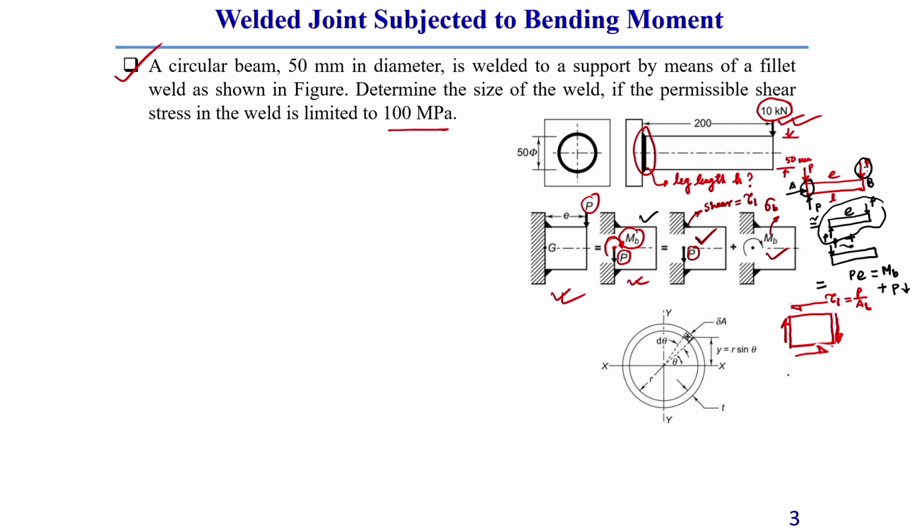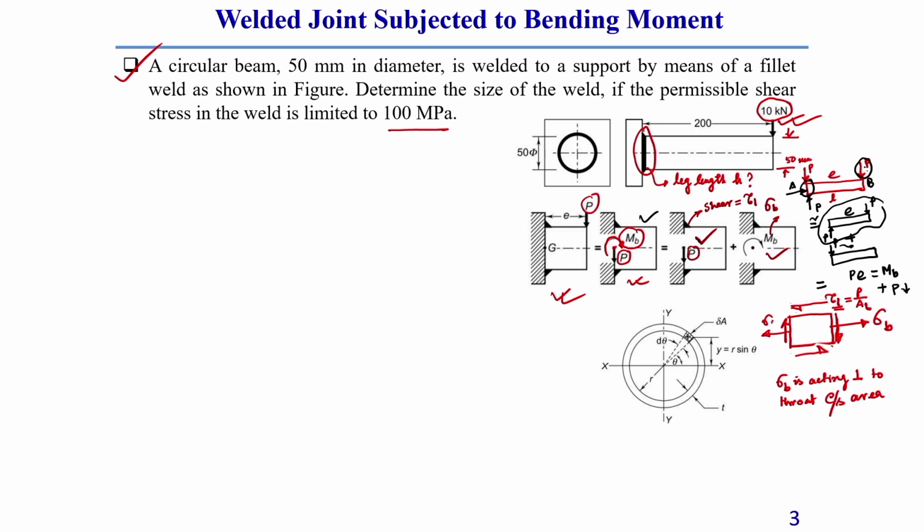So always keep in mind that sigma b is acting perpendicular to the throat cross sectional area. So along the throat area it is tau 1, then perpendicular to the throat area the state of stress will be written as sigma b like this.